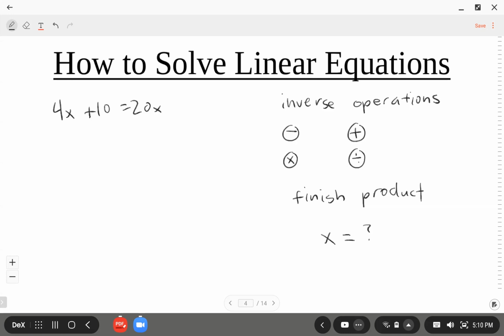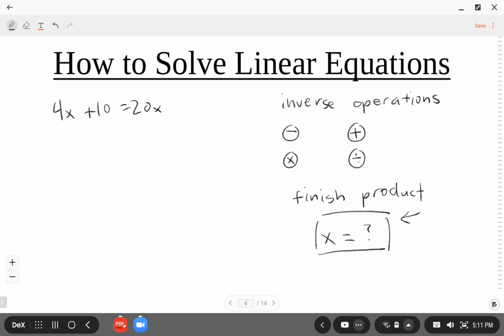The finished product is always this when you're solving single variable linear equations. So we isolate x on one side and all the numbers on the other side. So let's try solving this example Carney gave us. We need to isolate x, right?